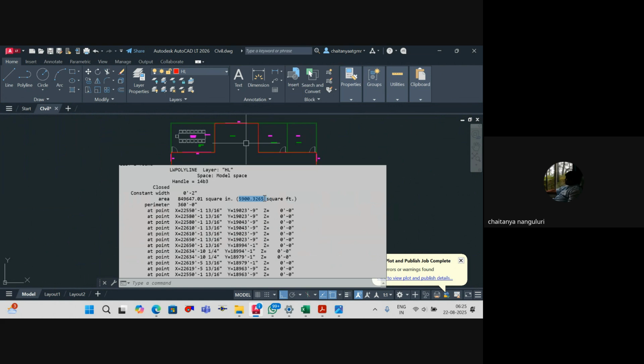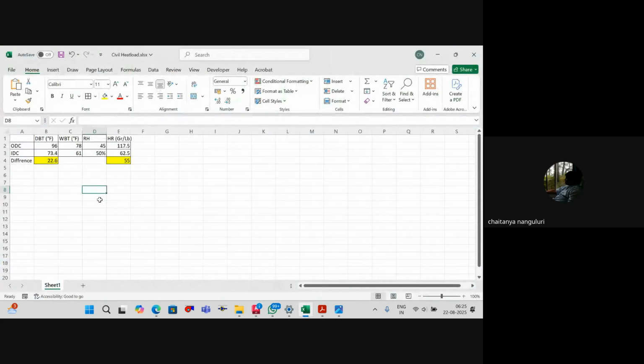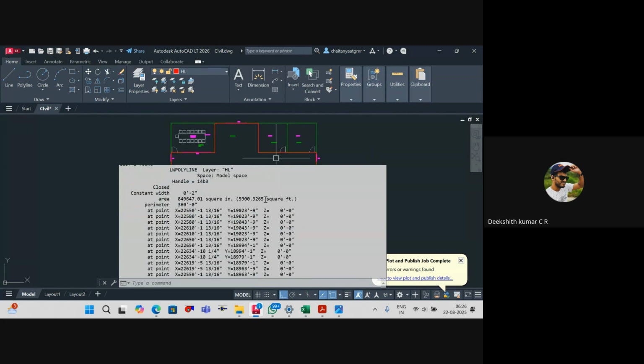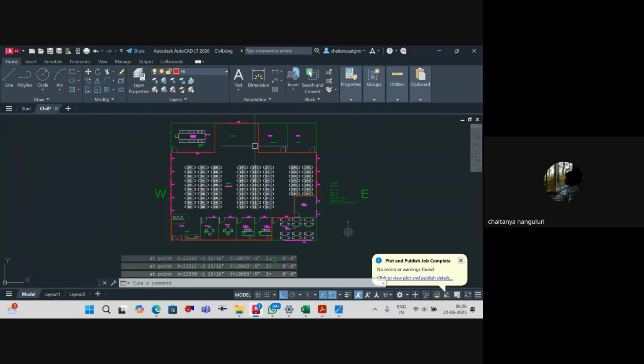So area to be air conditioned is 5,900.32 SFT.